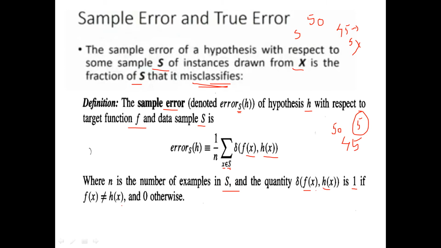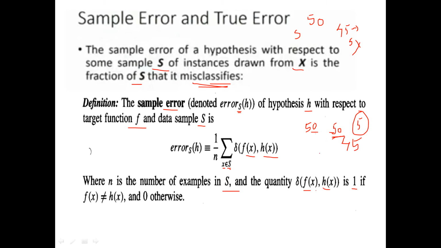If your target value is 50 and your hypothesis is also giving you 50, both are the same, then you don't have any error.